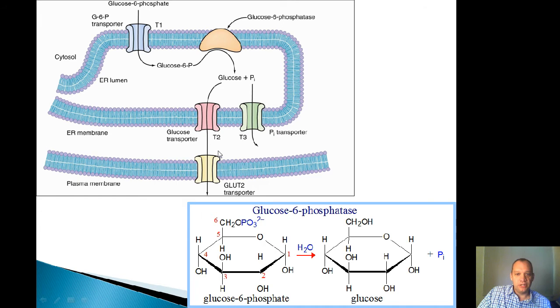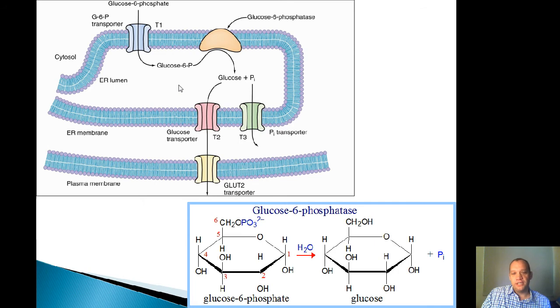And a separate transporter called the GLUT2 transporter can then transport glucose out of the liver cells and into the blood. And this is what allows the liver to increase the blood glucose levels. Now, the reason that this slightly complicated system is in place is that glucose 6-phosphate actually doesn't always need to be turned into glucose during gluconeogenesis.